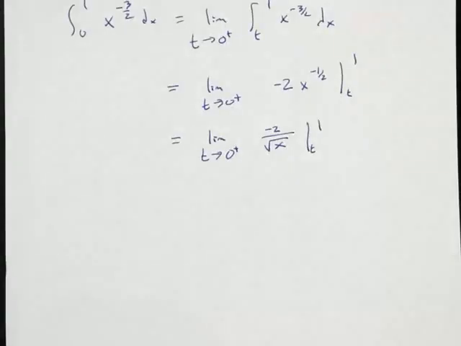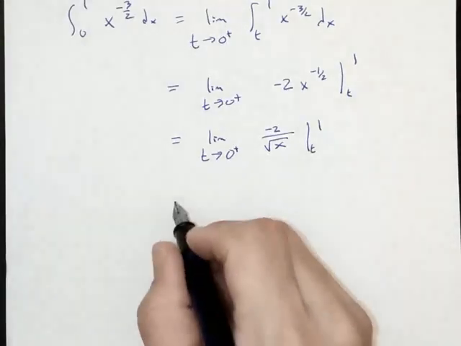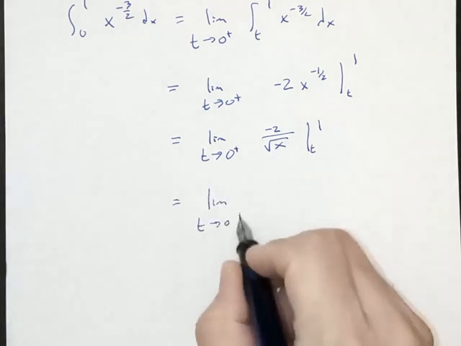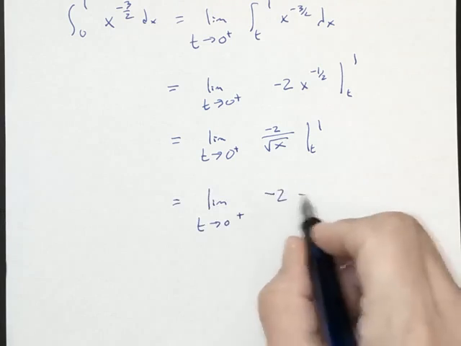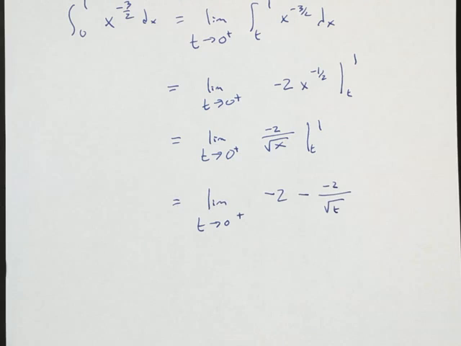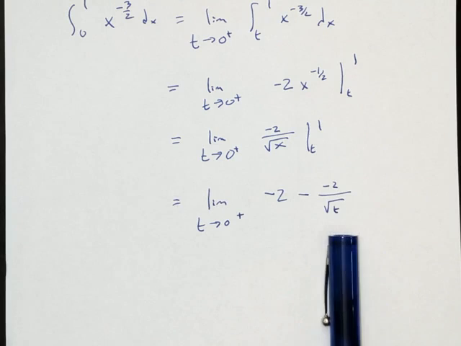When I put in 1, what do I get? Negative 2. Minus negative 2 over root t. What happens as t gets closer and closer and closer to 0 to this thing? It goes to infinity.